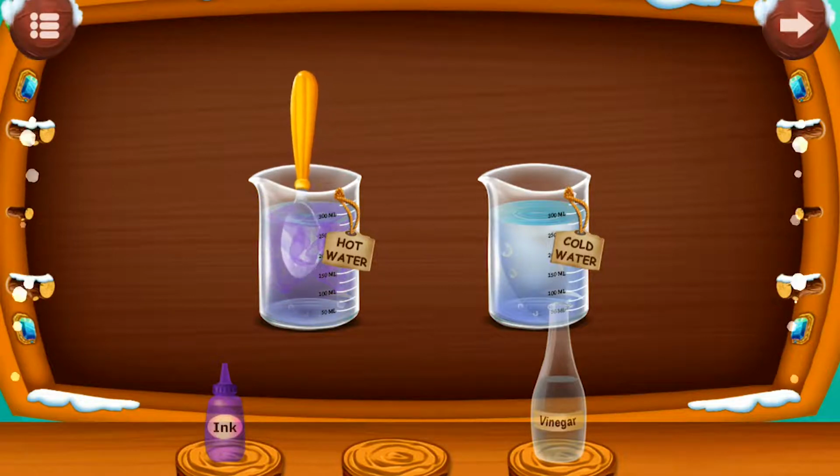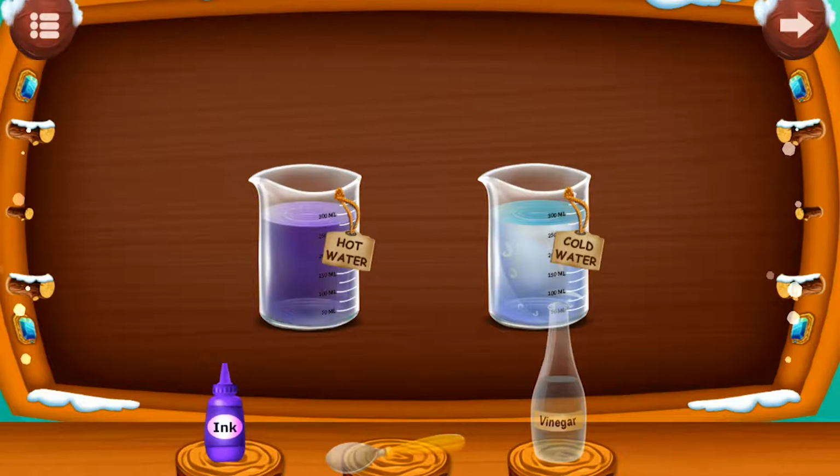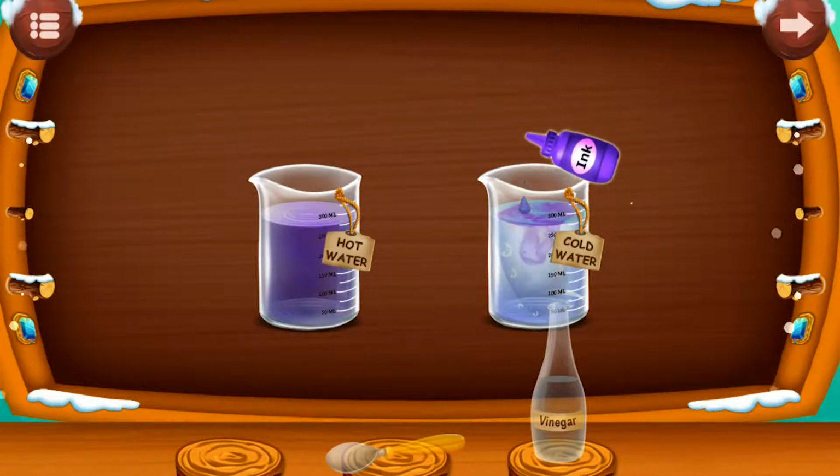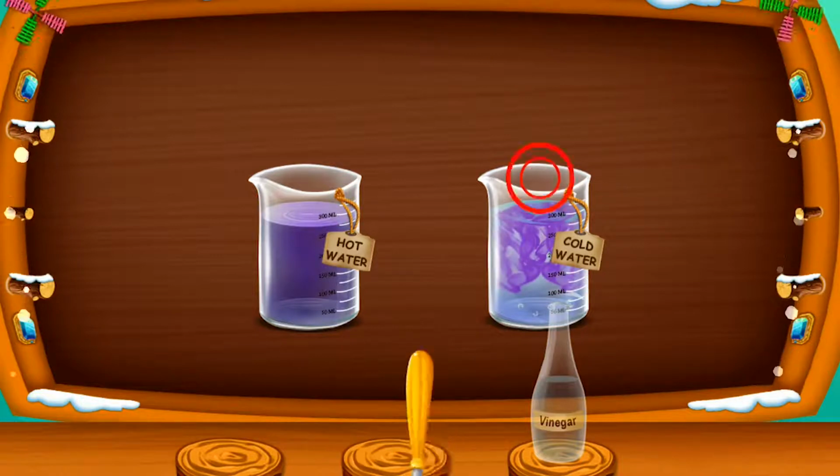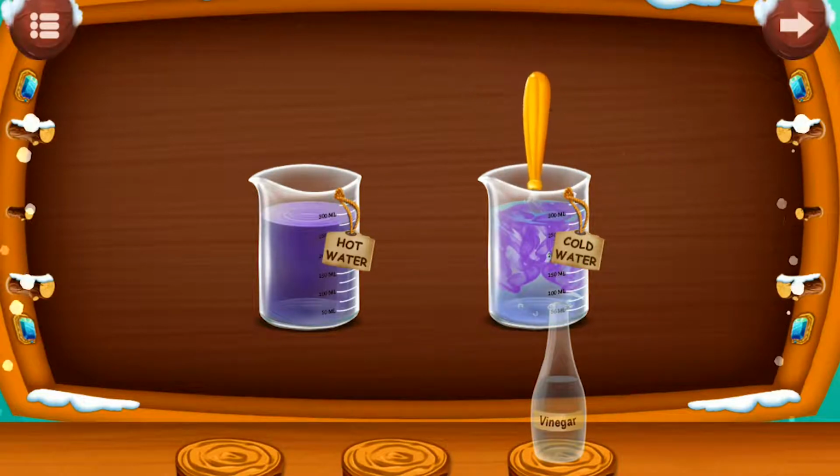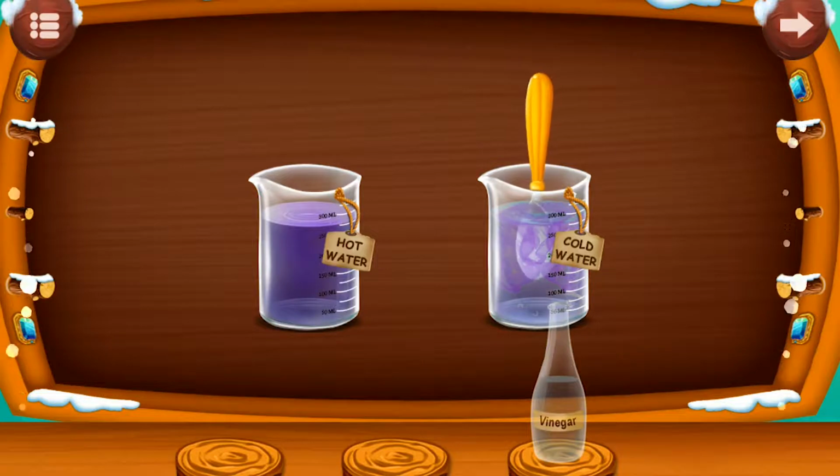Stir it well. Repeat the same procedure in cold water. Stir it well.